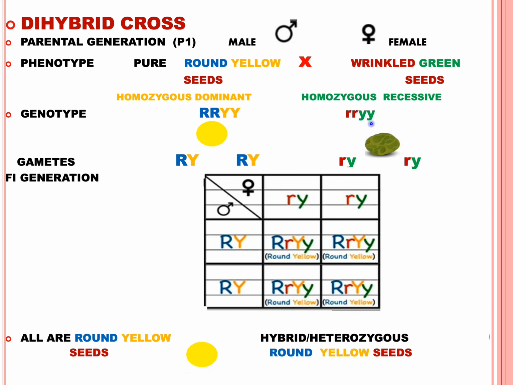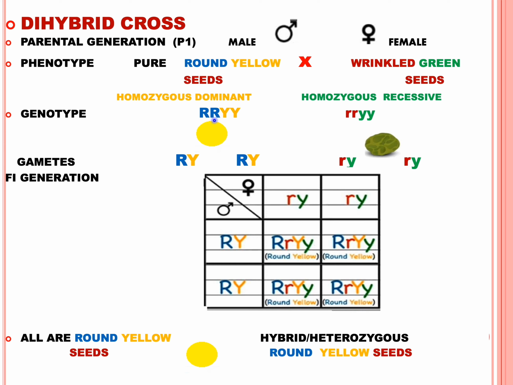At the time of gamete formation, the alleles of two traits assort, means separate independently without influencing each other. Each gamete receives one allele of each trait.